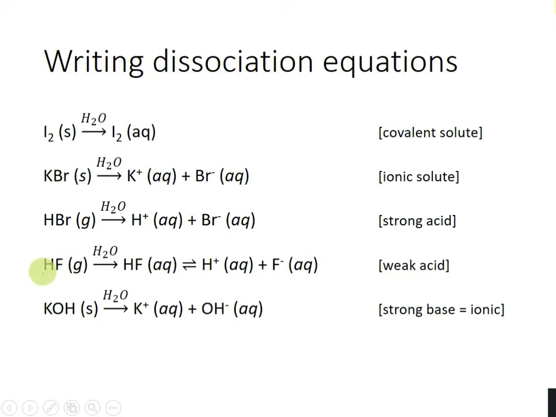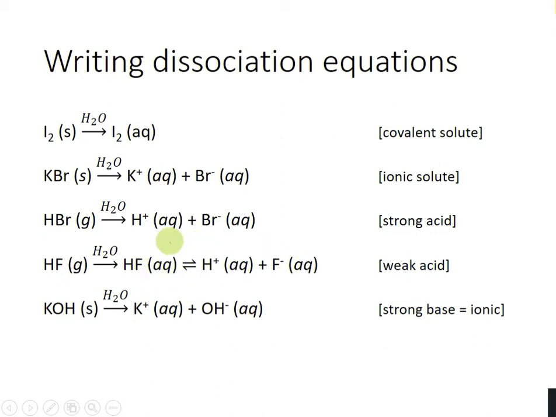HF, well, I recognize it's an acid because it begins with H. I go look at my list. HF is not on the list of 6 strong acids, so it's a weak acid. So it's going to dissociate, but only some of them. So one way to write it is to write that it dissolves. I have an aqueous form of HF, but then only some of them are going to dissociate.